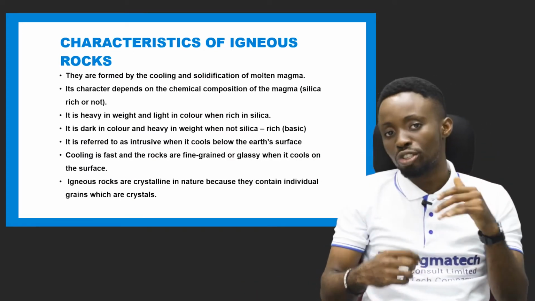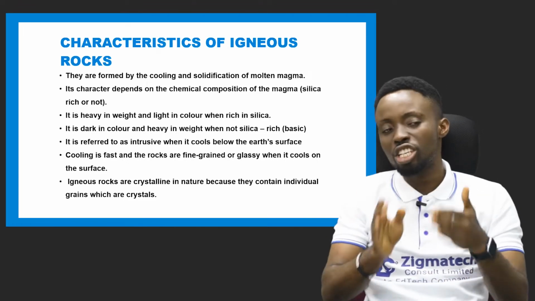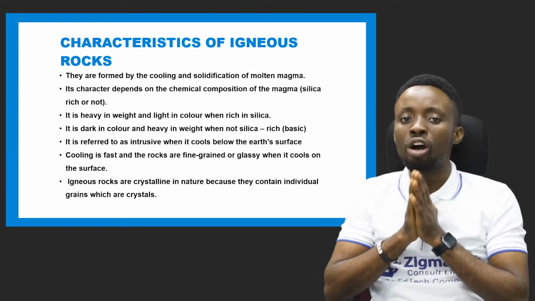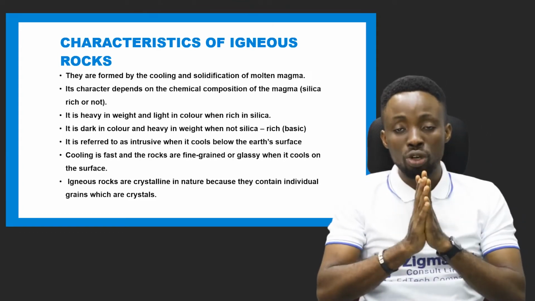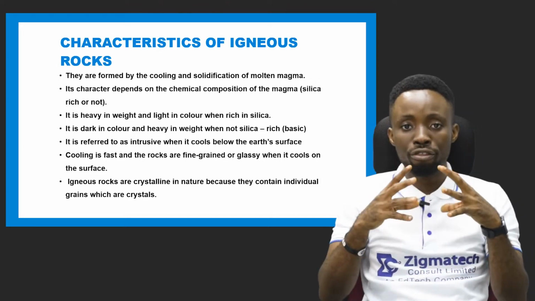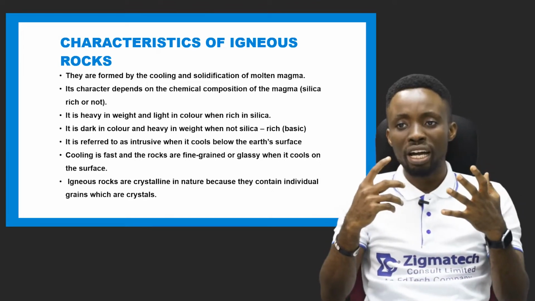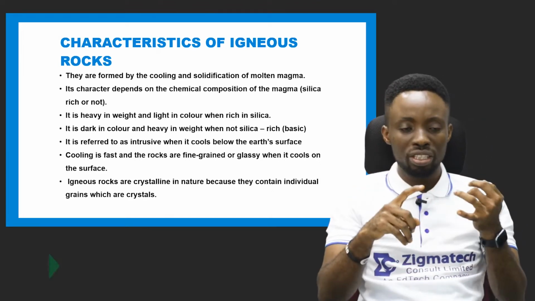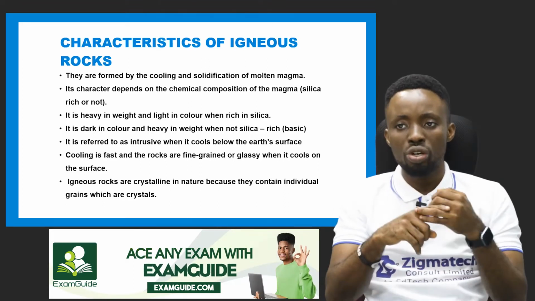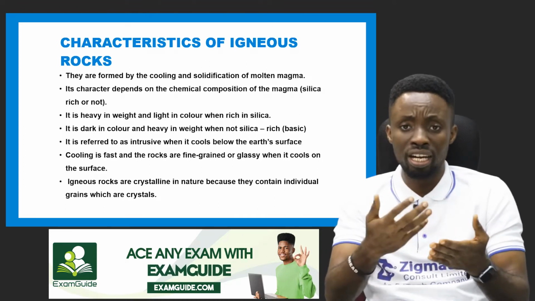What are the features? What can we use to separate the igneous rock from the sedimentary and metamorphic rock? Now, igneous rocks are always formed whenever magma solidifies and cools down. So they are formed from the solidification and cooling of molten magma. Their nature depends on the composition, on the silica content, how rich the rock is in silica or not.